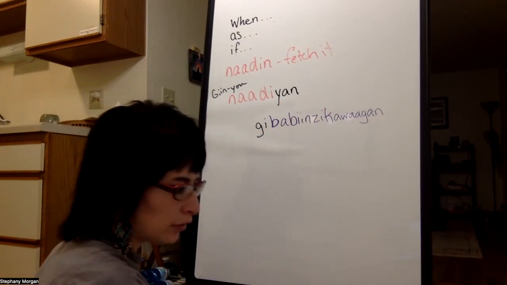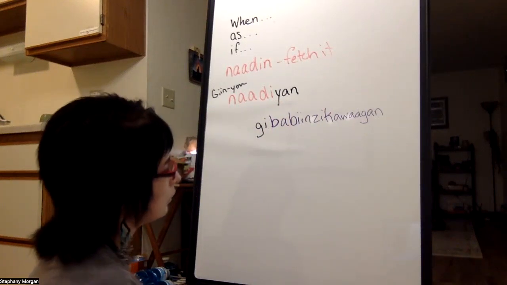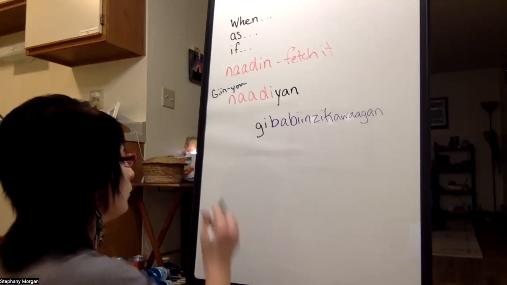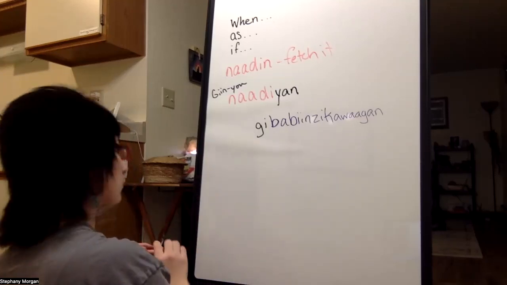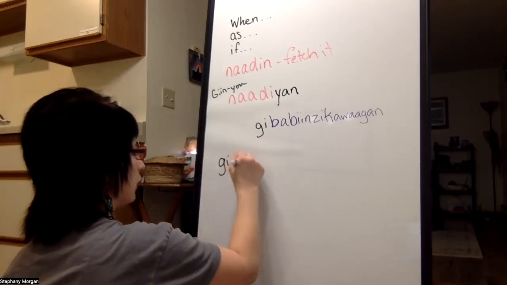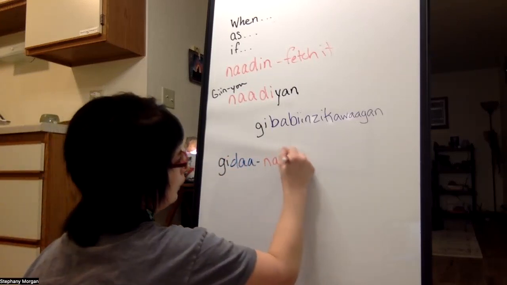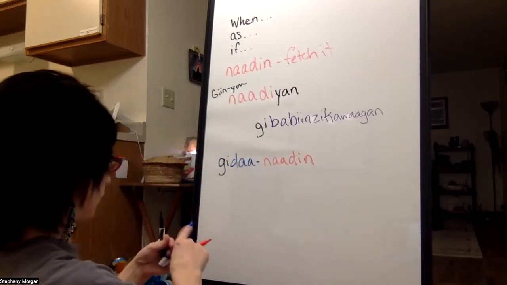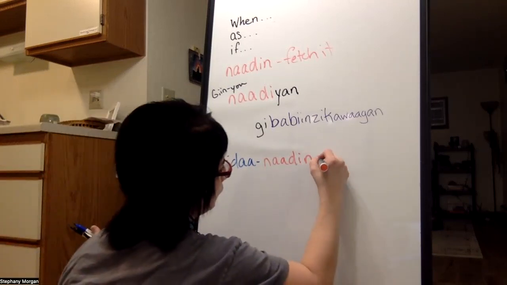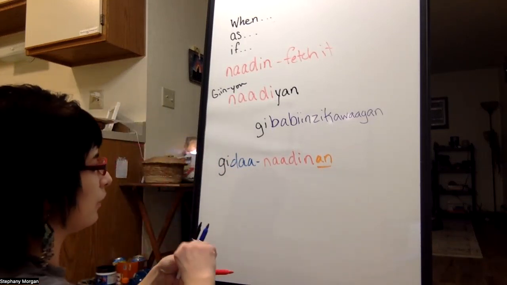Gita nadin gimakasinan. Or gita nadinan gimakasinan. You should get your shoes too, right? That could be something like get da nadin, and now I'm adding a plural agreement here, nadinan, because I'm going to be talking about more than one thing.